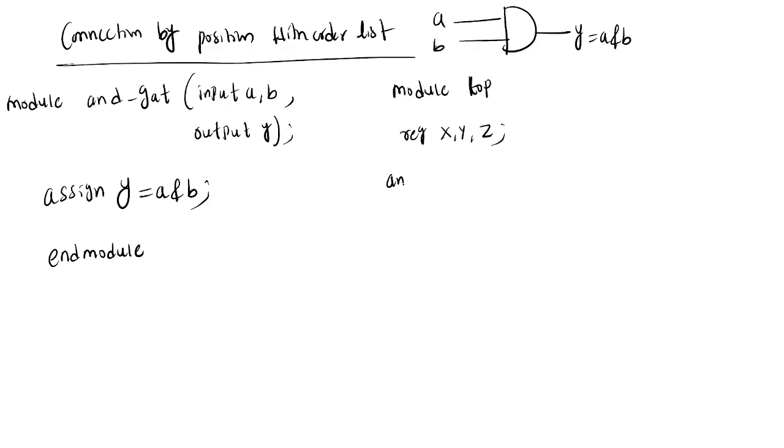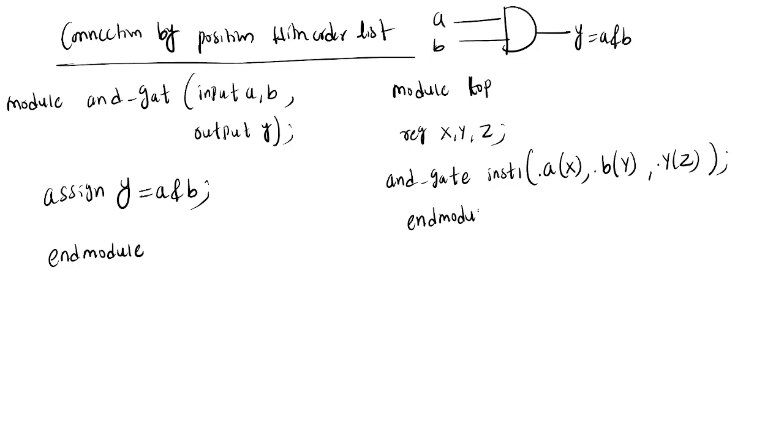The design name is and_gate, and the instance name is optional; whatever you want, you can keep: DUT, UUT, inst1. Design variables come outside the bracket, and test bench variables come inside the bracket. So dot A(x), dot B(y), and dot Y(z). This is nothing but connection by name. End module.